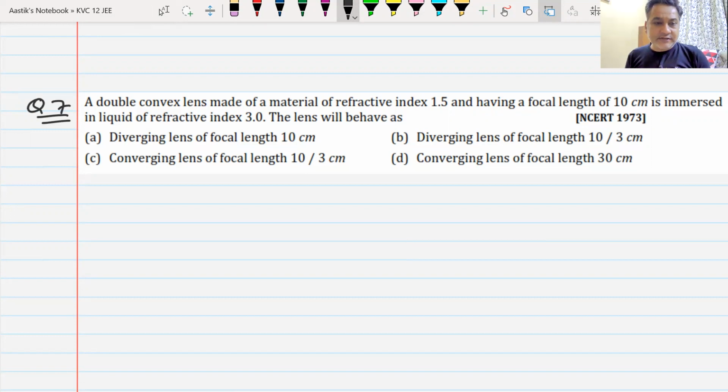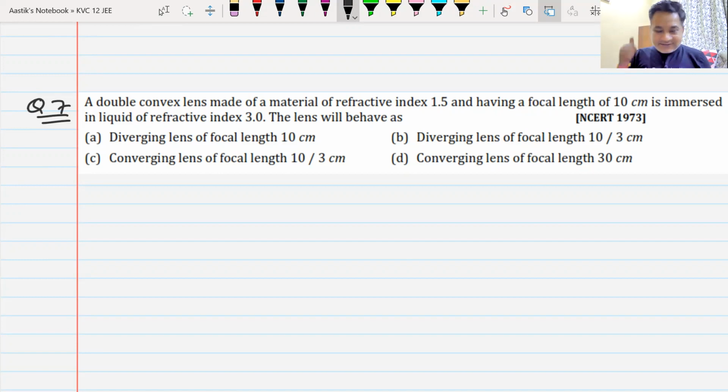The question is like this: a double convex lens made up of a material of refractive index 1.5, mu is always 1.5, and having a focal length of 10 centimeter is immersed in a liquid of refractive index 3. Will it behave as a converging lens or as a diverging lens, my dear friends?